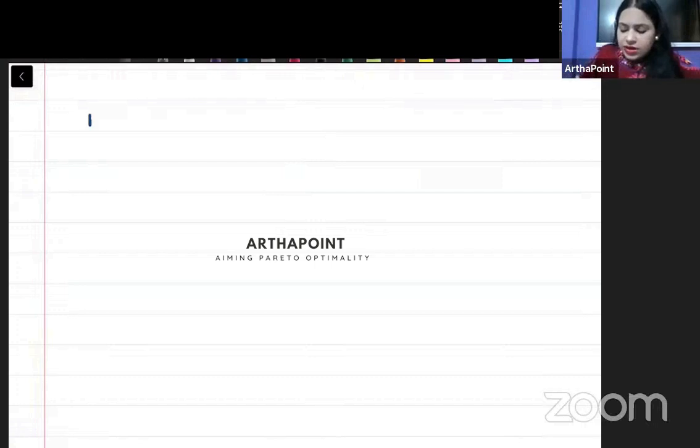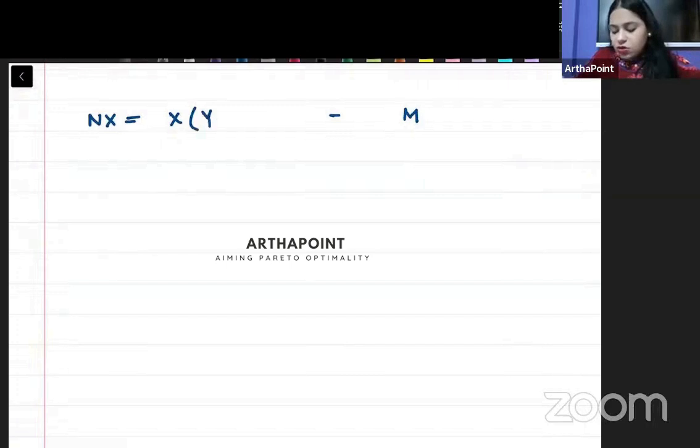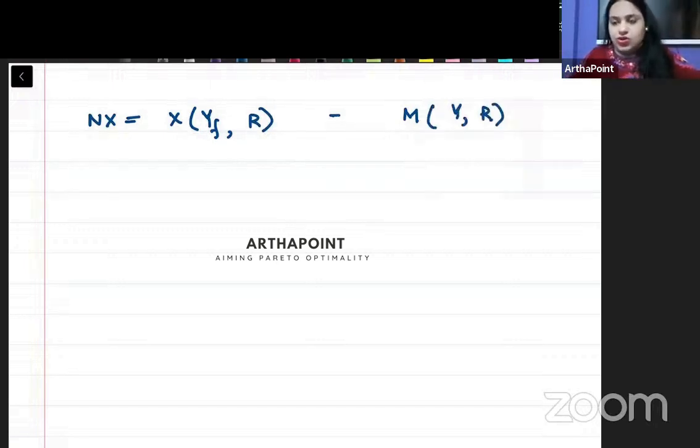Then I told you, look, net exports are exports minus imports. Exports are a function of foreign income and exchange rate, and imports are a function of domestic income and exchange rate, right? We said that when foreign income increases, exports will increase.